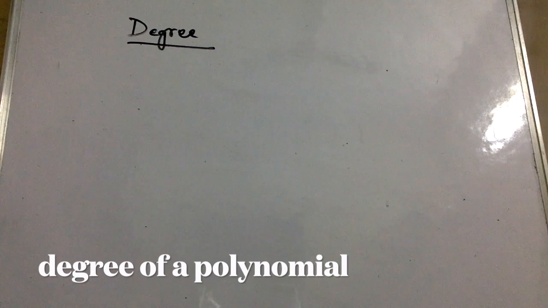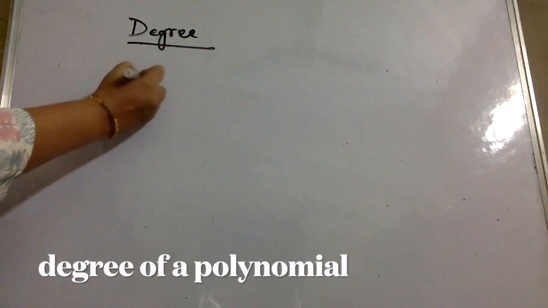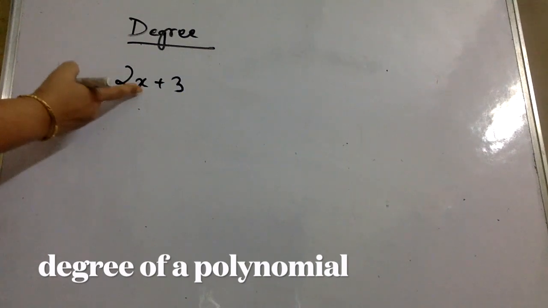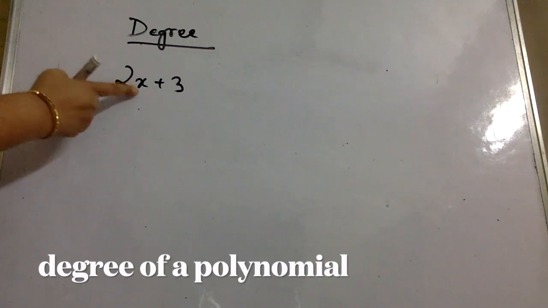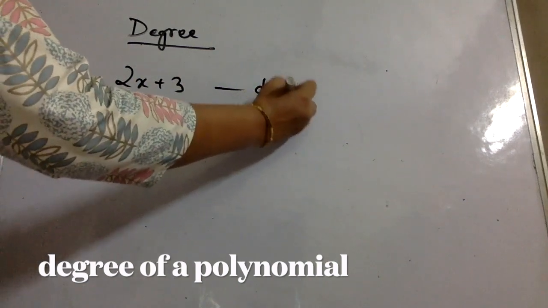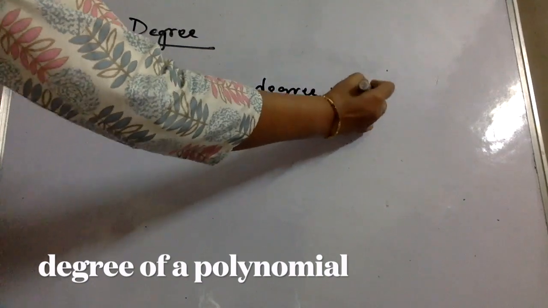Degree of a polynomial. Now what is the degree of a polynomial? The highest power of the variable is called the degree. Means what? Let's see. If we have 2x plus 3, here we have the variable only in one place. So the power of x is 1. Hence the degree is 1.